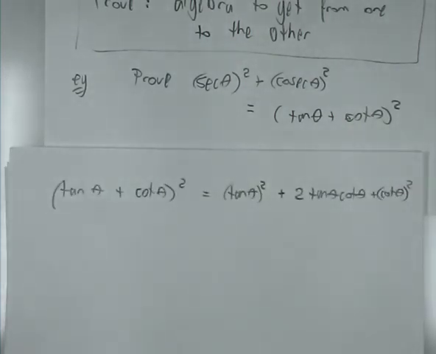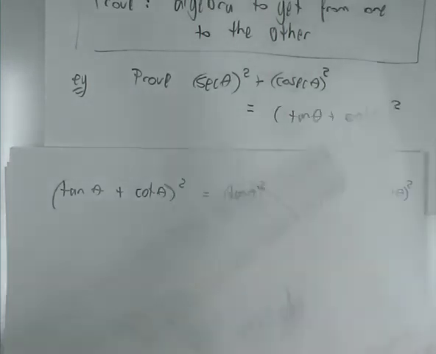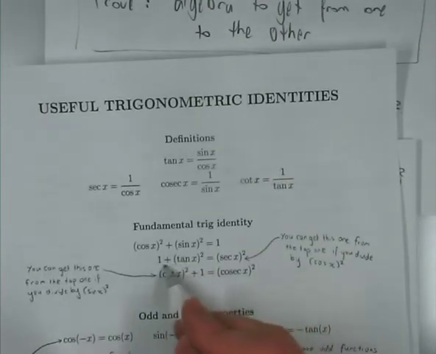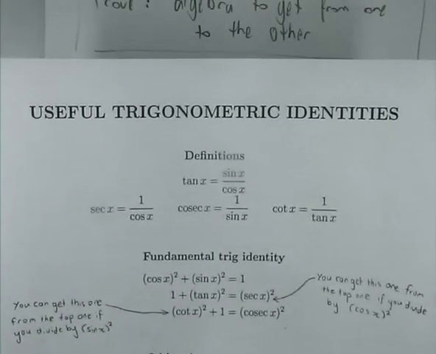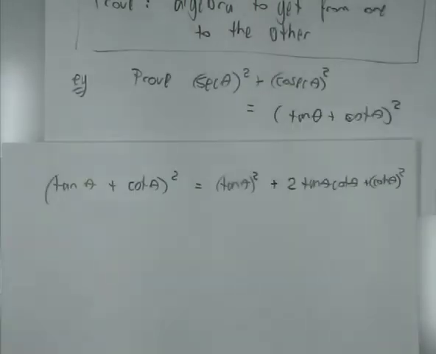Right, now, tan theta squared is in a trig identity. It's in the one with sine and cos, and you divide it by, and you'll get 1, just a second. This one, 1 plus tan squared is sec squared. Okay, so tan squared would be sec squared minus 1.